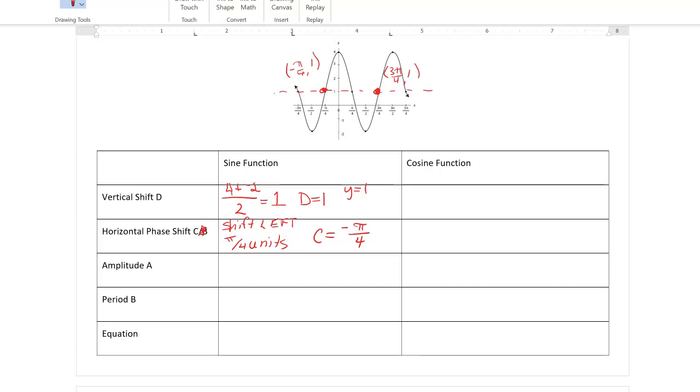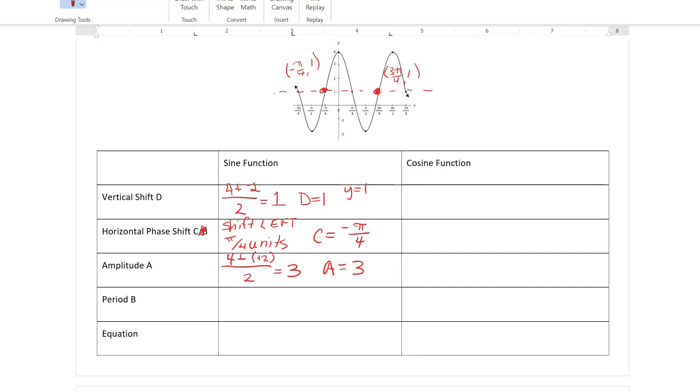Next, our amplitude. Remember from before, our amplitude is going to be our maximum minus our minimum, -2, divided by 2. So 4, then we change it to a plus. 4 plus 2 is 6, divided by 2 is 3. So that means our amplitude is 3. And we can kind of see that on our graph.